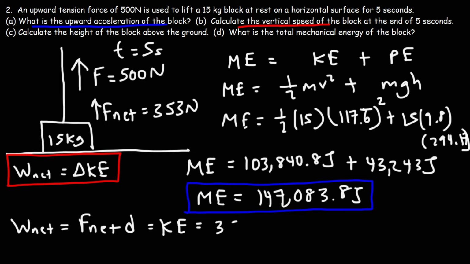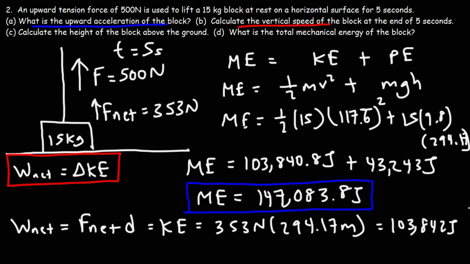So if we take the net force of 353 newtons and multiply it by the displacement, the upward displacement of 294.17 meters, it'll give us 103,842 joules.